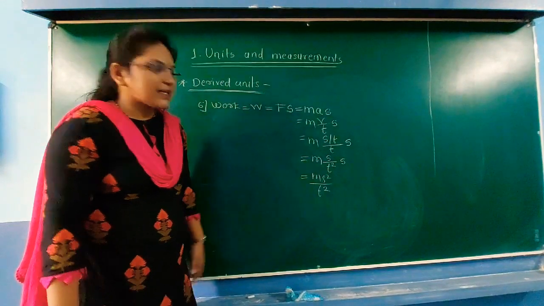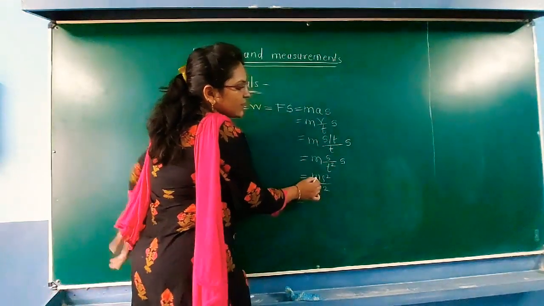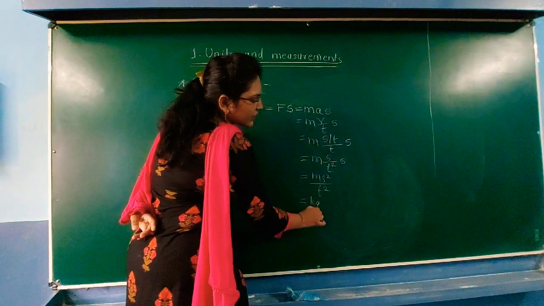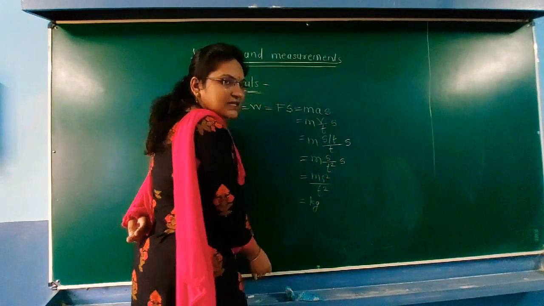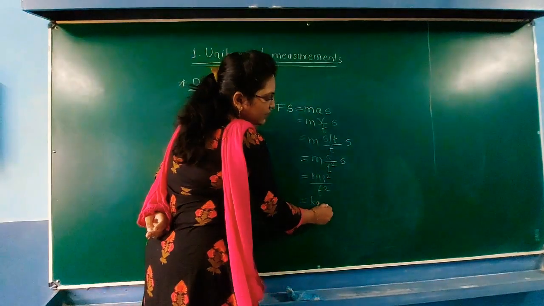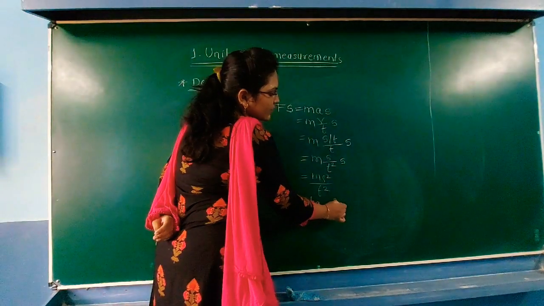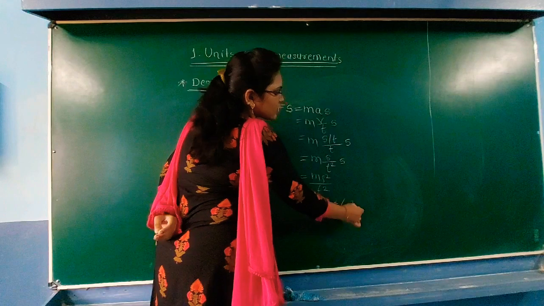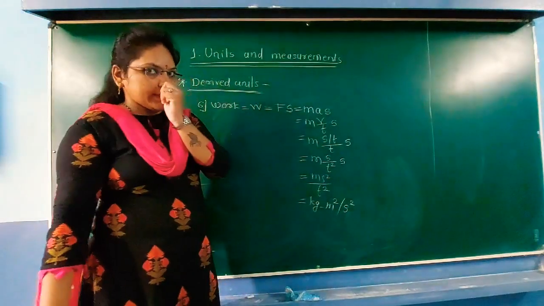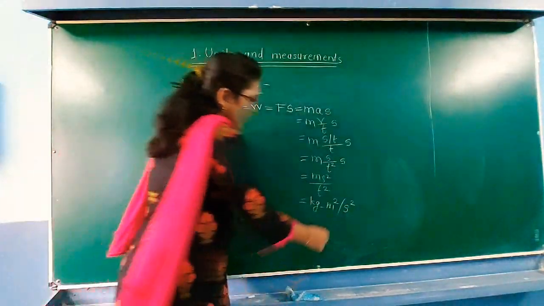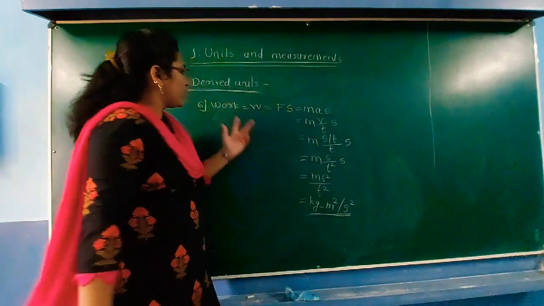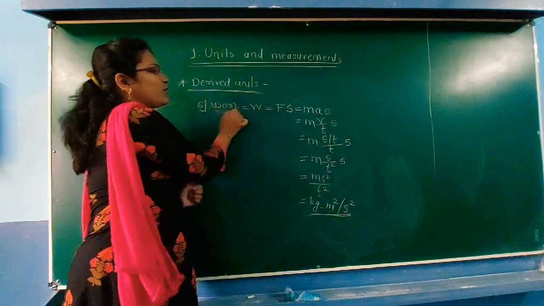So we can write the SI unit: mass has SI unit kg, S means length, it has SI unit meter, so kg into meter square per second square. Kg into meter square per second square is the SI unit of the quantity work.